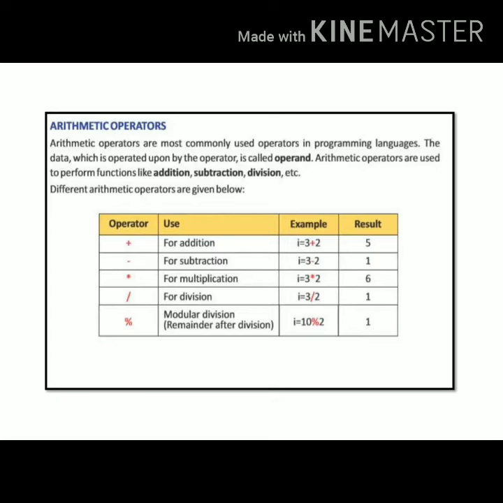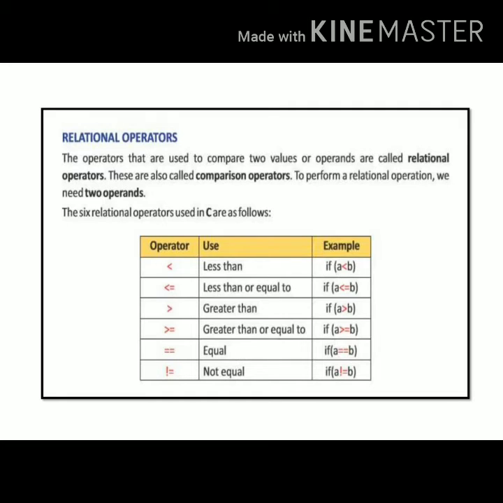We have one more operator, that is the logical operator. Before that we have the relational operators. In relational operators we have less than or equal to, greater than or equal to.